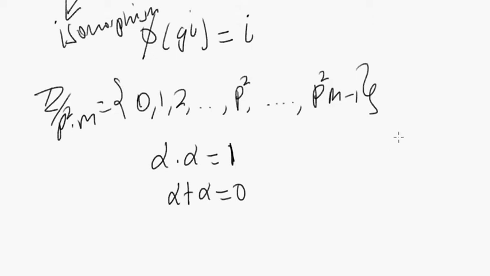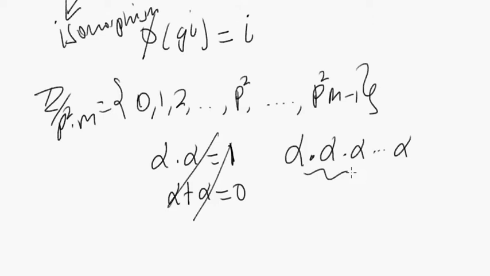Wait, no, aren't we saying that alpha multiplied p squared m times is going to give us the identity, and that p squared times m is the smallest power to which when you raise alpha you get the identity? Isn't that what it means to say that the order of alpha equals p squared times m?